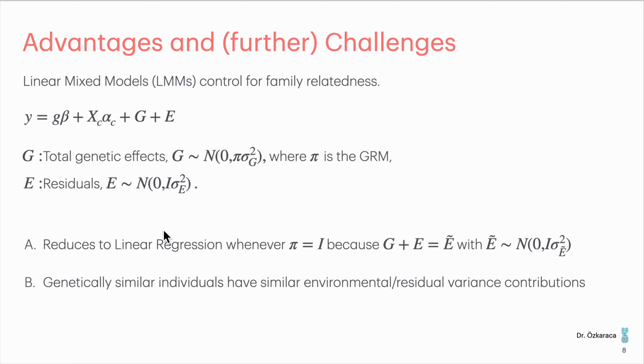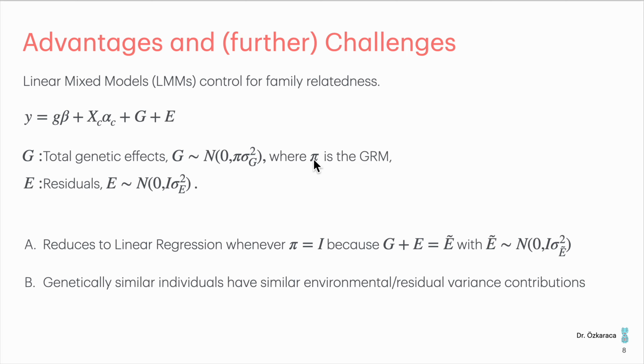Okay, so that being said, the second confounder was family relatedness, and linear mixed models also control for that. How do they do that? The total genetic effect G has here a matrix called pi, which is the genetic relationship matrix. If we only use unrelated individuals in our data set, the unrelated individuals are usually defined as genetically distant from at least fourth degree relatives.